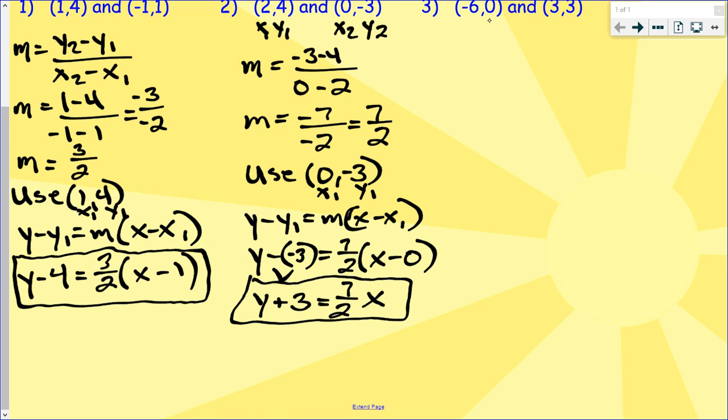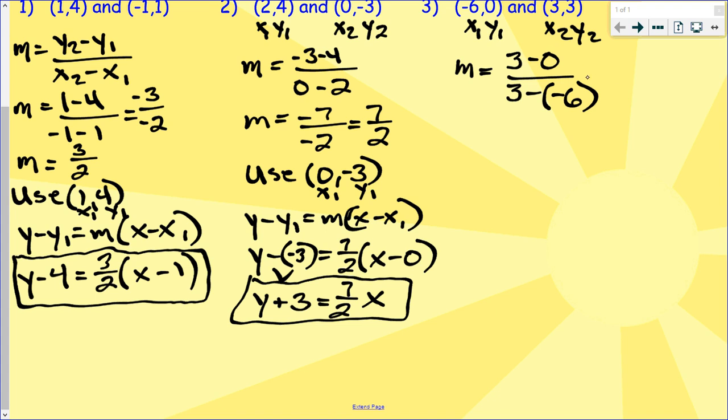All right, so one more. Let's see, x1, y1, x2, y2. So the slope is y2, 3 minus y1, 0, over x2, which is 3, minus x1, which is negative 6.